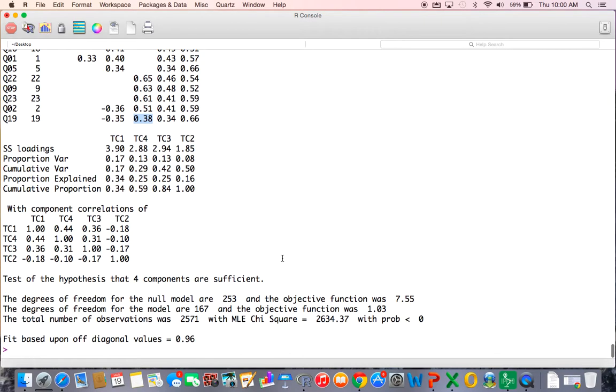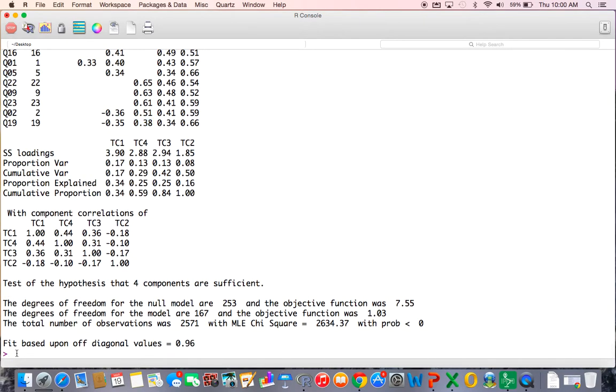Let me explain something. In this oblique rotation, you end up with two matrices. One is your pattern matrix, and it contains the factor loadings, much like the orthogonal rotation.